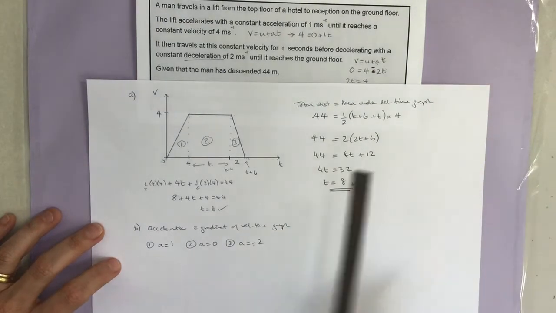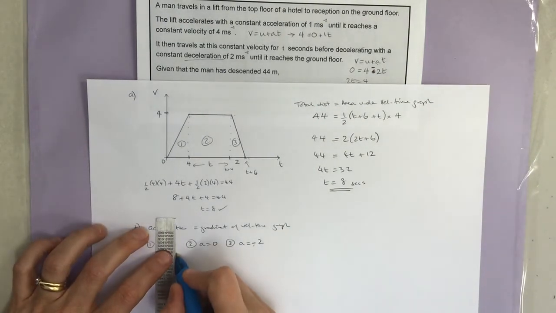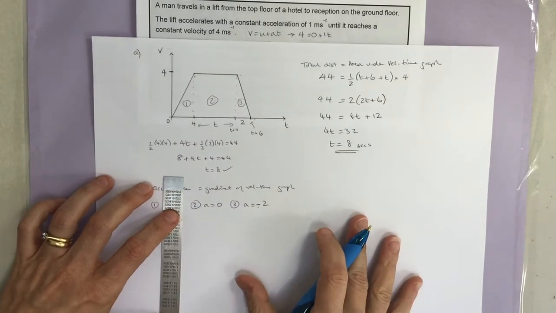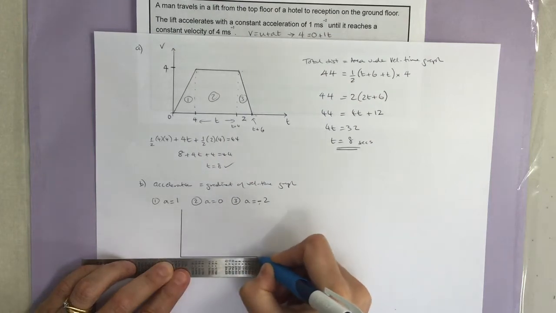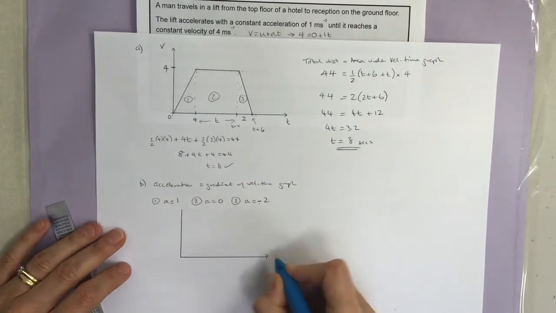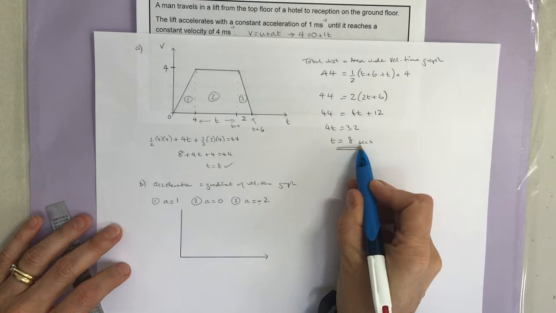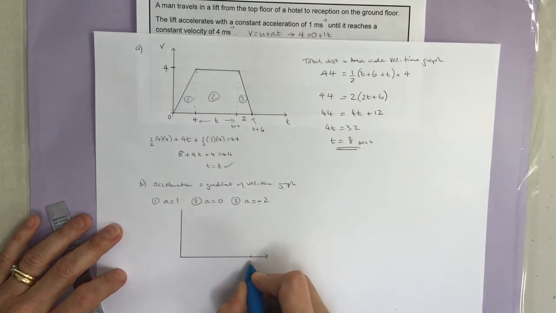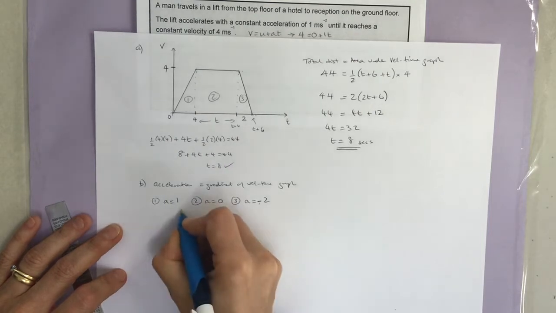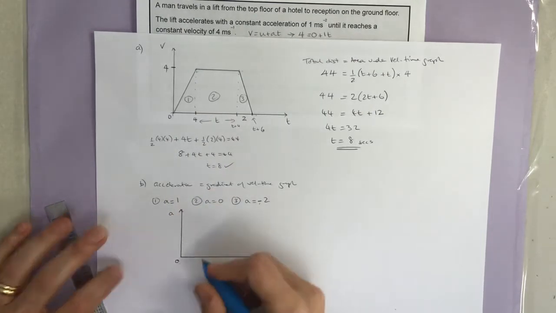So on my acceleration time graph, I put acceleration on my vertical axis and time here, and I know that t is 8 now, so this would have been 14, so I can put that in as well. So this now is my acceleration.